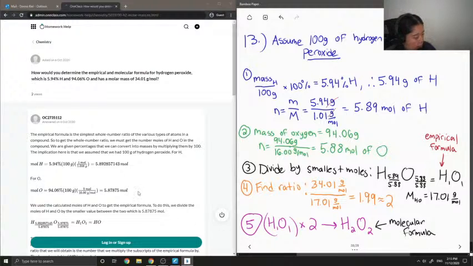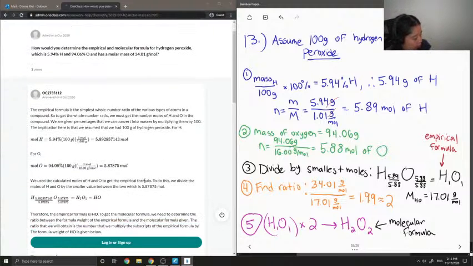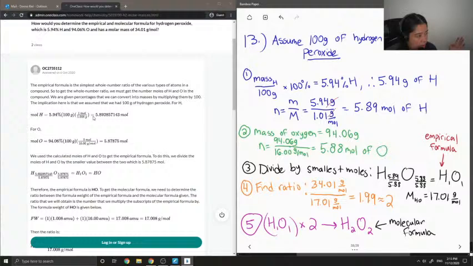Okay, so let's see what our junior tutor said. Empirical formula is the simplest whole number ratio of the various types of atoms in a compound. So to get the whole number ratio, we must get the number of moles of H and O in the compound. So they also assumed that you had 100 grams of hydrogen peroxide. So they just did it all in one step, but they got the same number of moles.